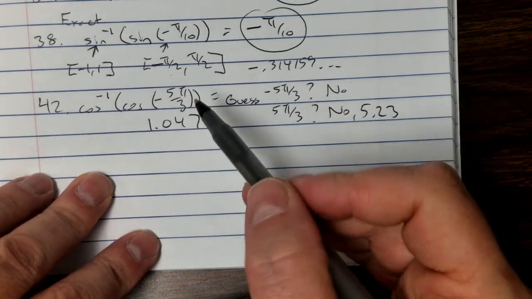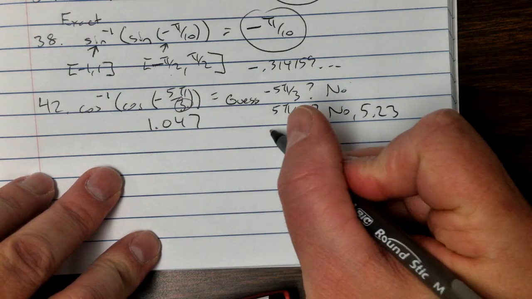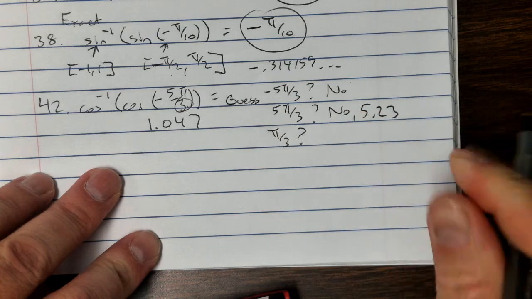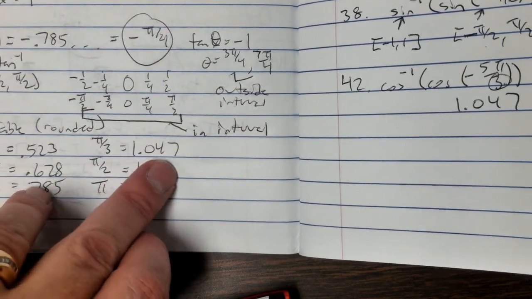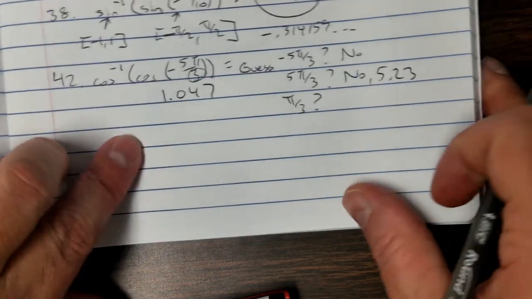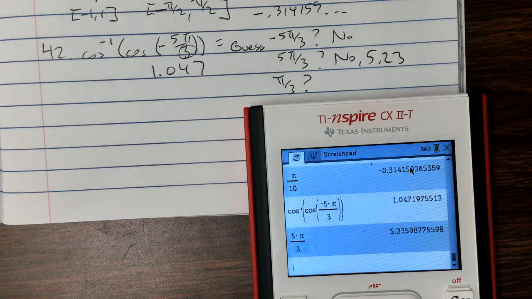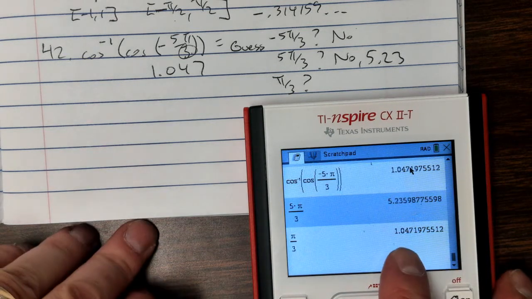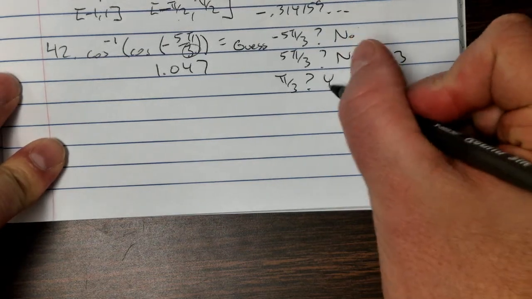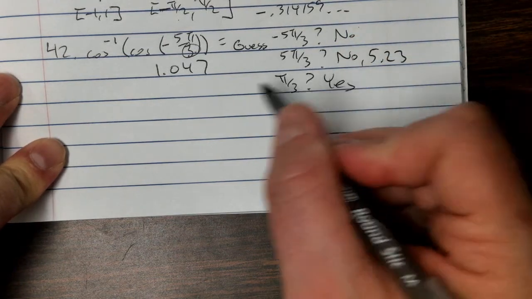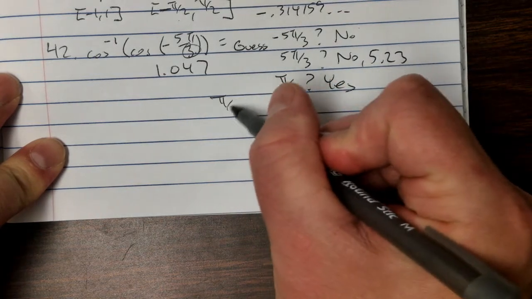And so then what you notice is your denominator was 3, so how about we just try pi thirds? And that actually matched our table, which said pi thirds 1.047. So that is going to work with pi thirds, 1.047, which is exactly what we want. So our answer is pi thirds.